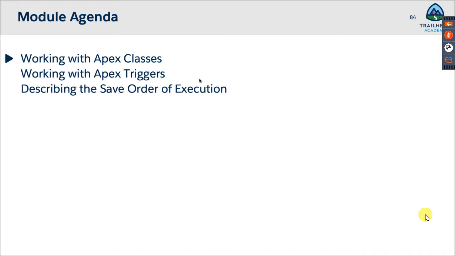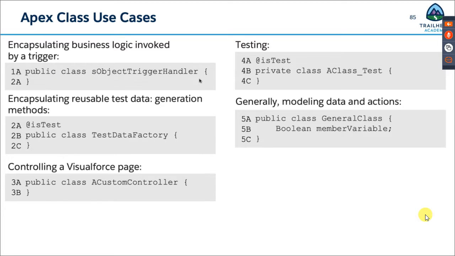So let's start talking about working with classes. In Salesforce, there are several reasons why you would want to have classes built. As we are going to mention later when we talk about triggers, one of the rules you should always try to follow is that you don't want to have your business logic included inside your trigger.